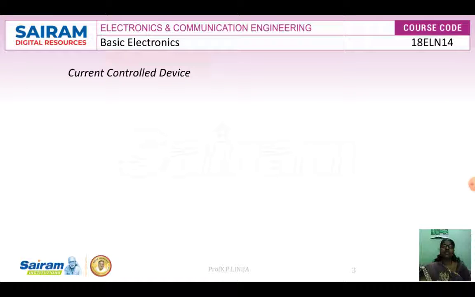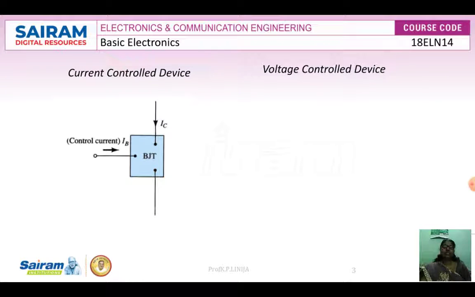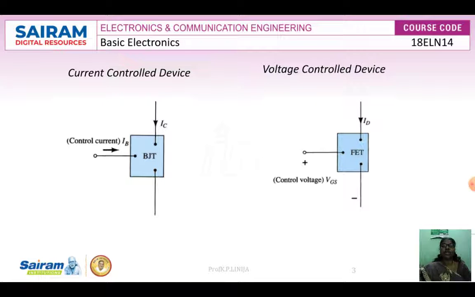Followed by this, let us discuss the difference between the bipolar junction transistor and the field effect transistor. The first diagram shows the bipolar junction transistor, which is called a current controlled device. Why is it called a current controlled device?